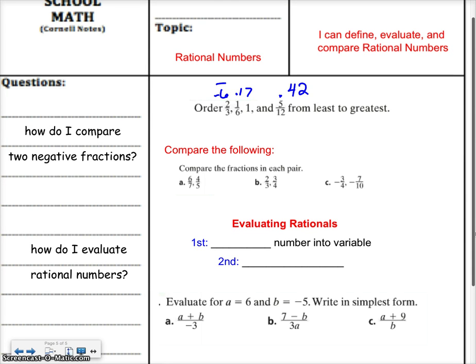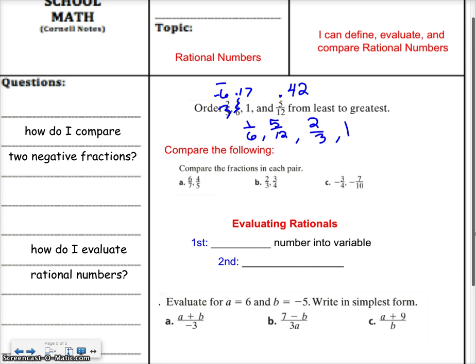Go in sequential order. My smallest number is my 0.42. Nope, just kidding, it's my 1/6. And then my 0.42, which is 5/12. And then my 2/3, followed by my 1.